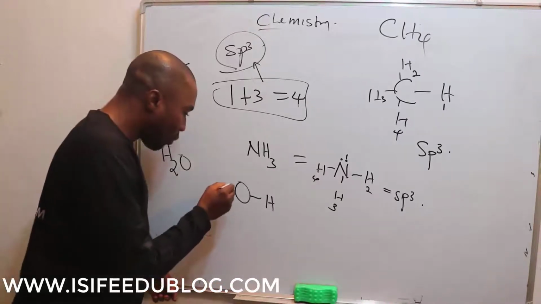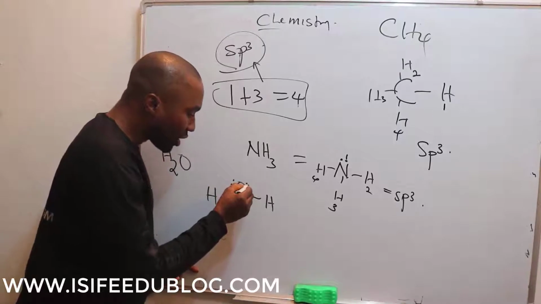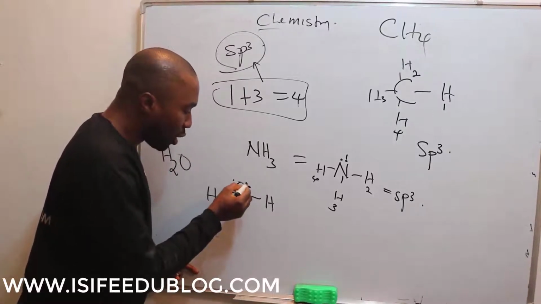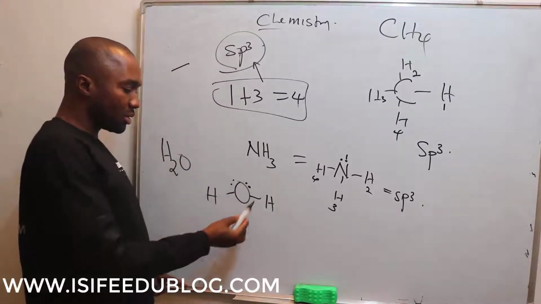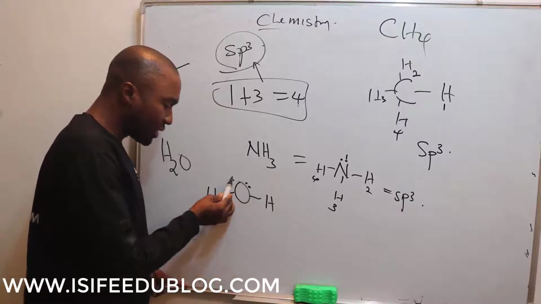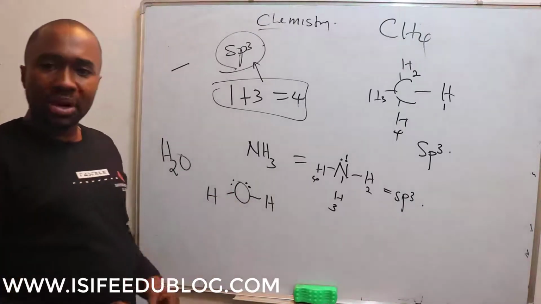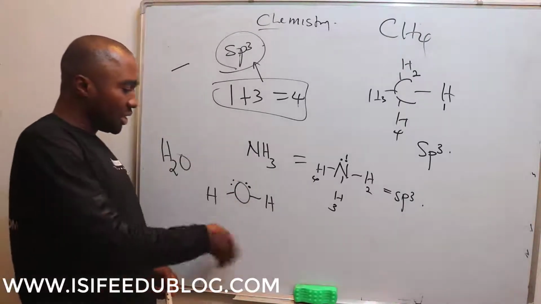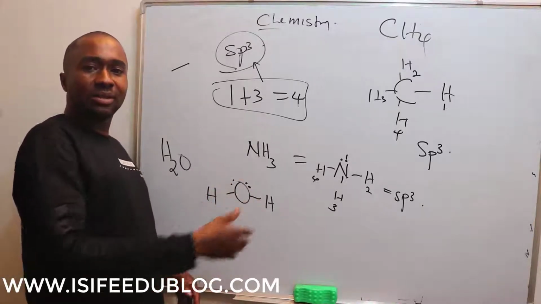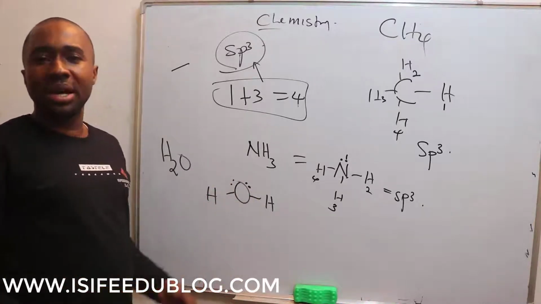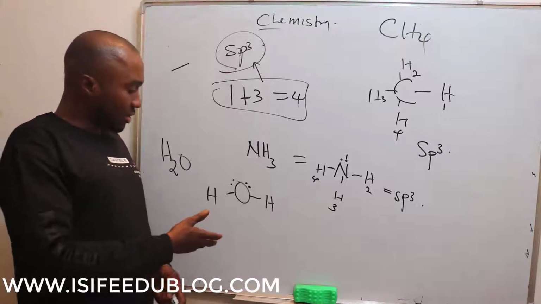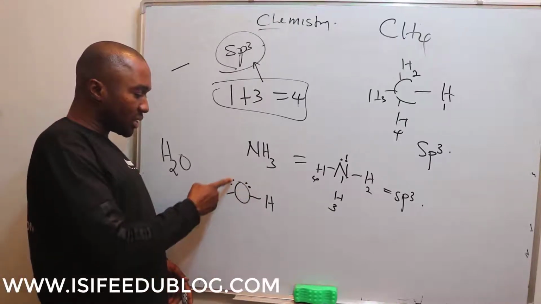So we now have 1 lone pair. We have another lone pair. If you count the number of electrons here, it will become 8. 2, 4, 6, 8. So water will now be rejoicing because all the electrons that are needed for the octet configuration attainment have been completed.